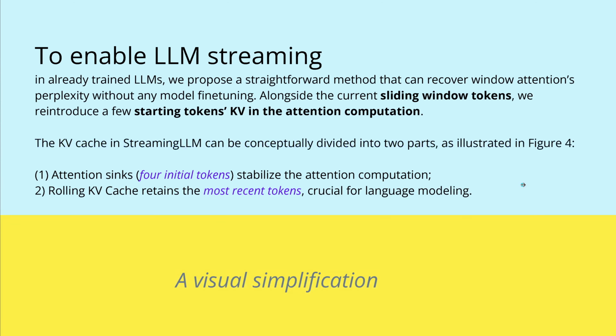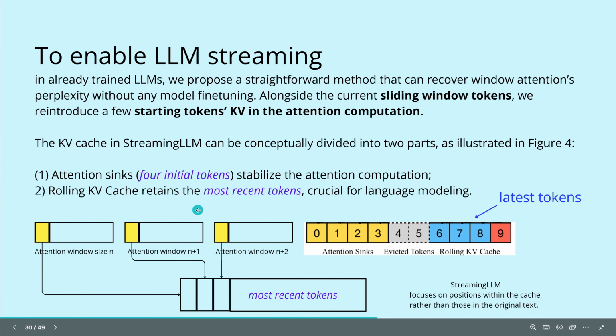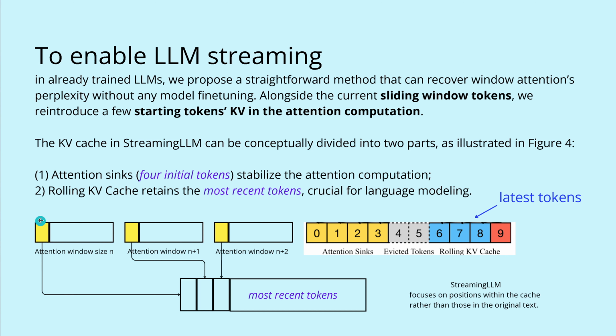I want to give you a visual simplification so that you get a feeling, and here we have it at different time slices. We have an attention window, and in yellow the CLS token, the start token, the attention sinks, the main attractor. And if you go along, and you have these question-answer pairs, then we have the actual computation here.